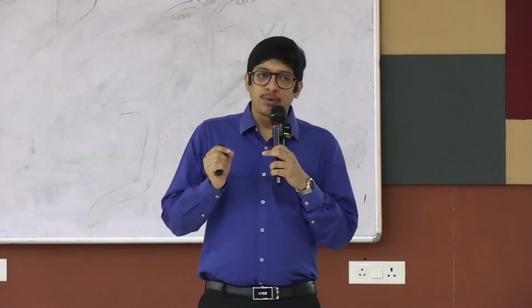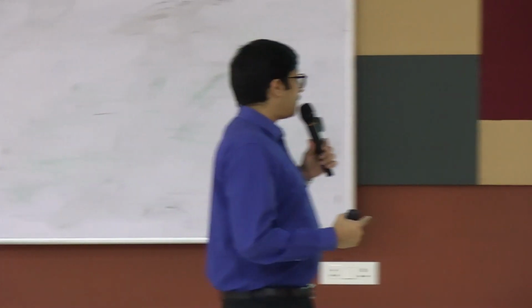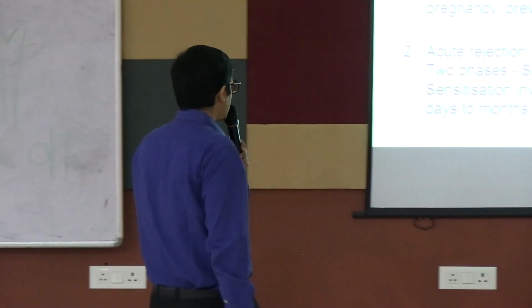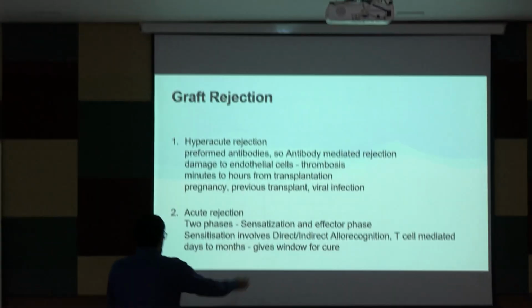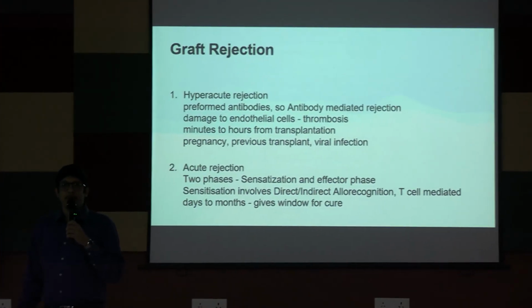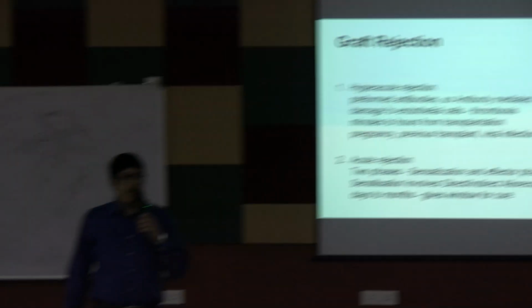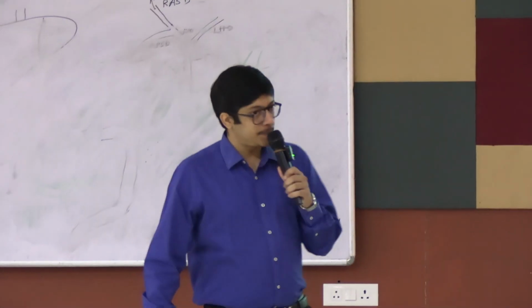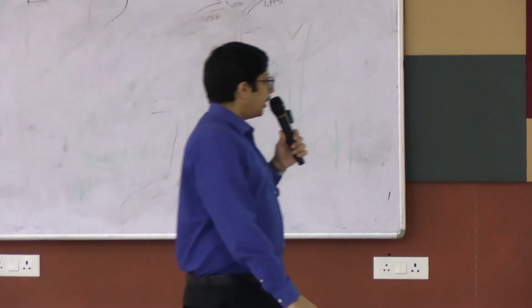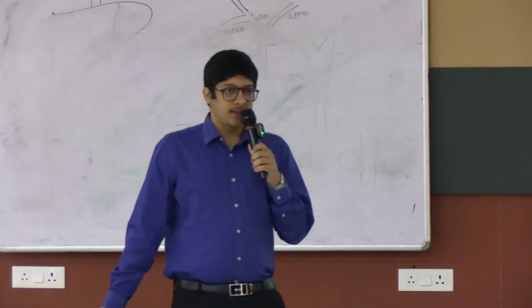So if we can identify a patient with an acute rejection or the possibility of an acute rejection, we can give treatment to the patient and stop the process at the sensitization phase so that the effector phase does not begin. If the effector phase does not begin, then the endothelial cell damage does not take place. Clear? So how do we recognize acute rejections?